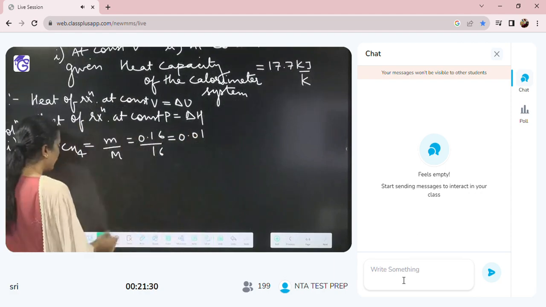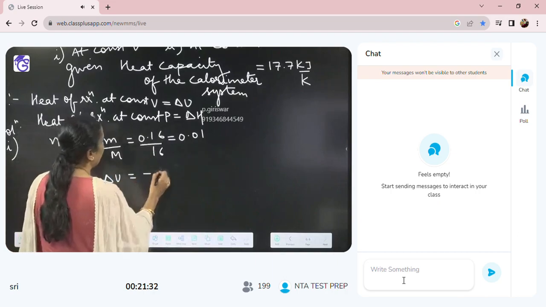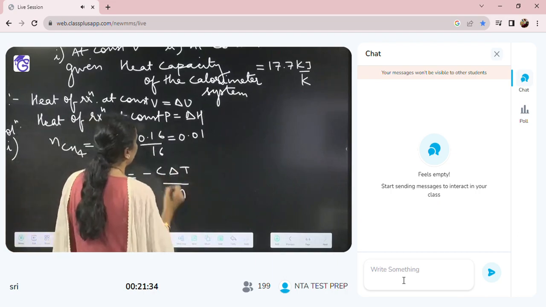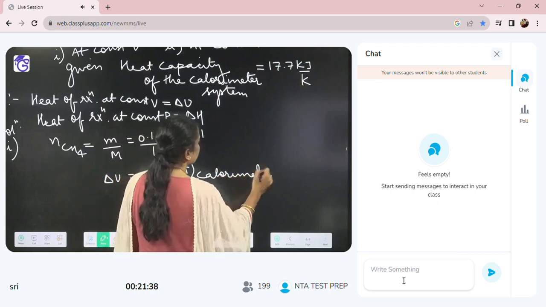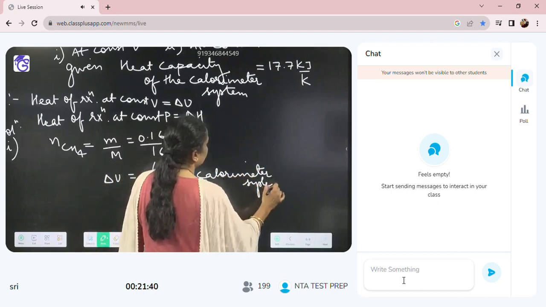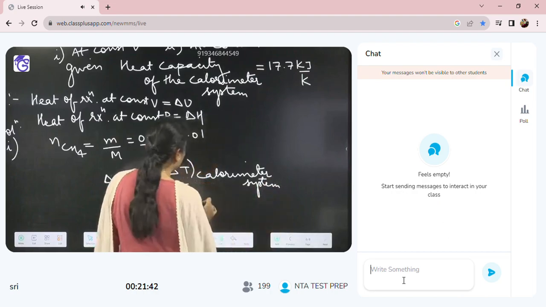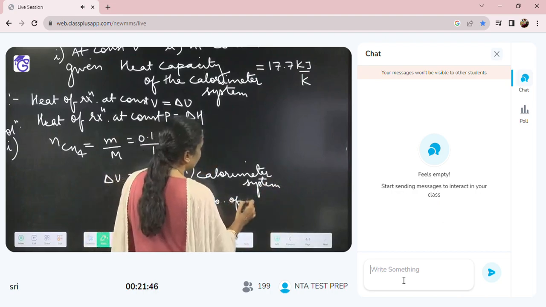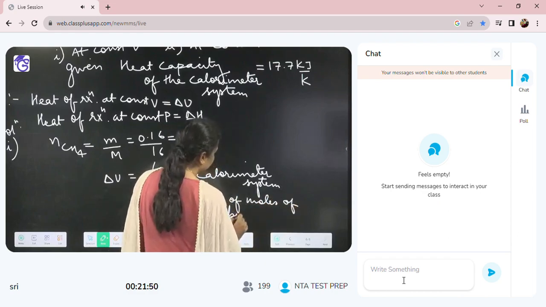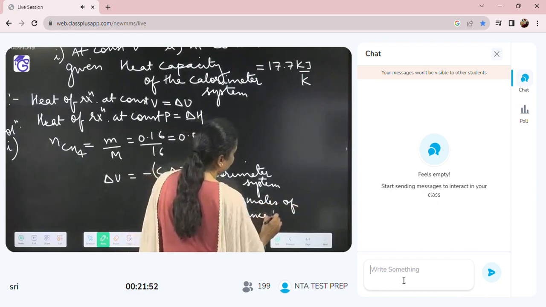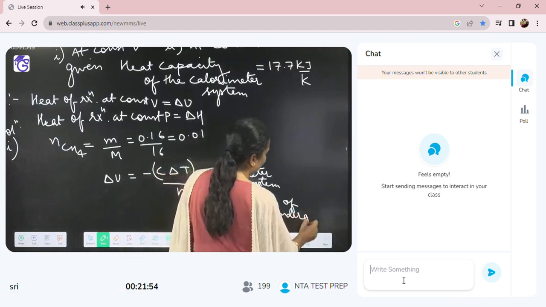Now, next we know delta U is what? Minus C delta T upon N, and C delta T for the calorimeter system. Right. And do remember, this is number of moles of substance undergoing combustion here.